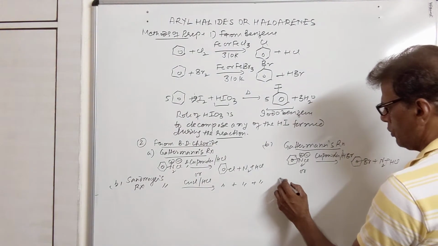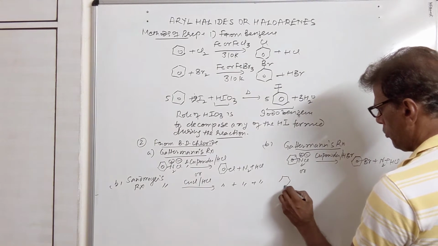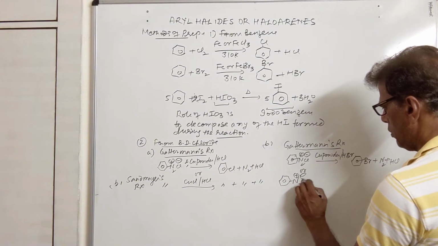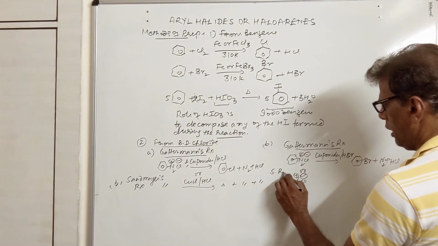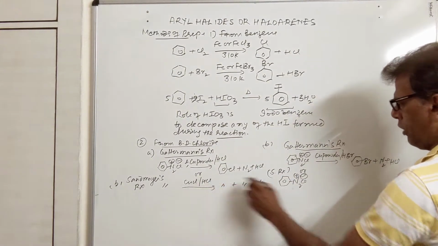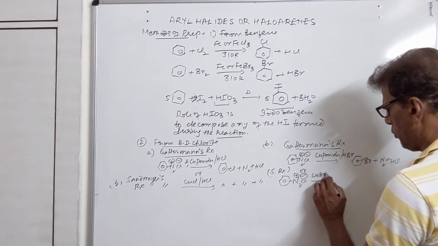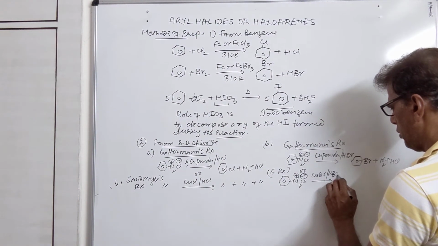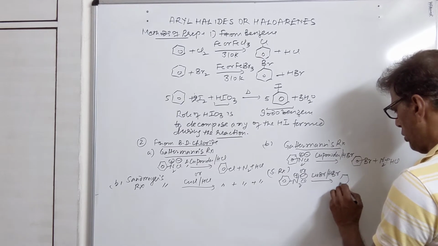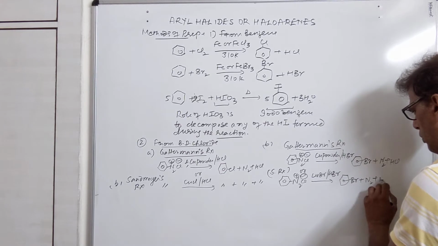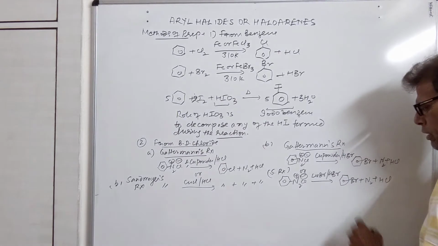If you use copper bromide in place of copper powder, then it is the Sandmeyer reaction. As we have written there, we will be using copper bromide in the presence of HBr. We get bromobenzene plus N2 plus HCl.